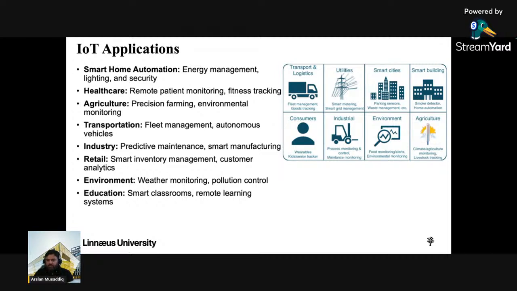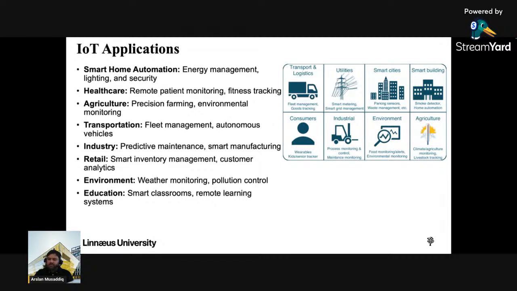In healthcare also, we have applications like remote patient monitoring and fitness tracking. We have devices like smartwatches or devices to track vital signs like heart rate, temperature, and many, many more. In agriculture, we have precision farming. It is now possible with IoT sensors that monitor soil conditions, weather, or crop health.